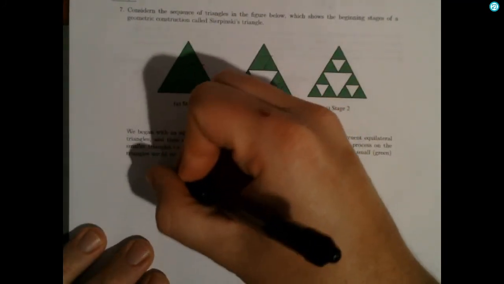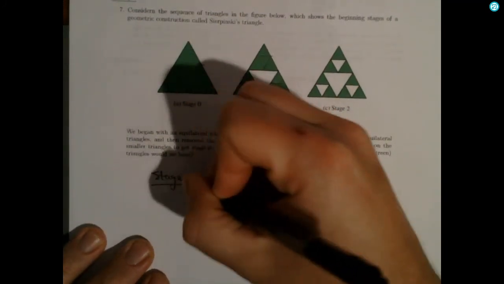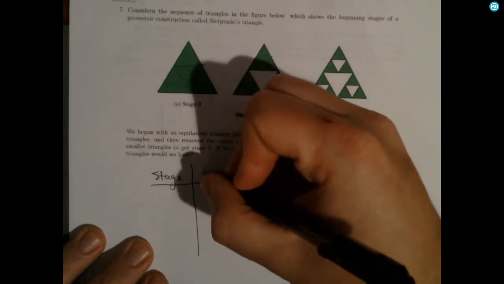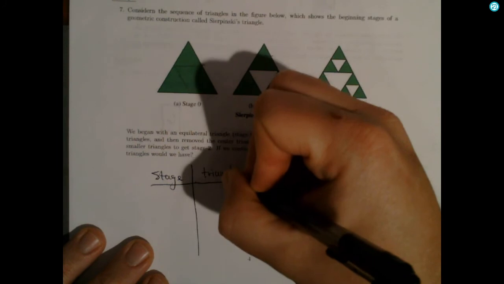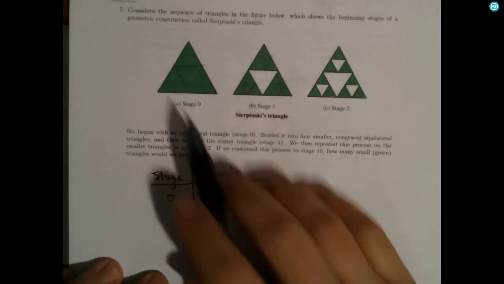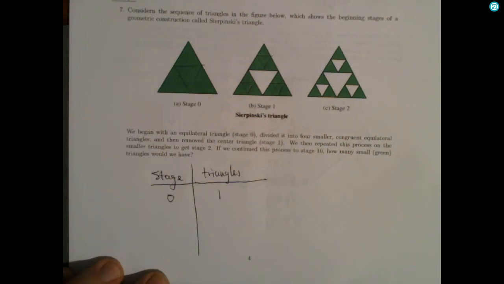Okay. Well, let's think through this. So I'm going to make a little table. At stage 0, clearly we had 1 triangle. There was 1 green triangle.